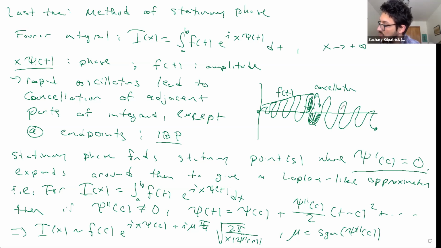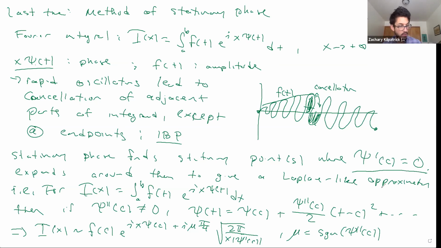This general principle holds in between the stationary phase points. But if you have stationary phase points, you can't just essentially assume that the endpoints are going to give you your primary contribution. If you have a stationary phase, the primary contribution is going to come around the stationary phase points. And that's where the method of stationary phase comes in.